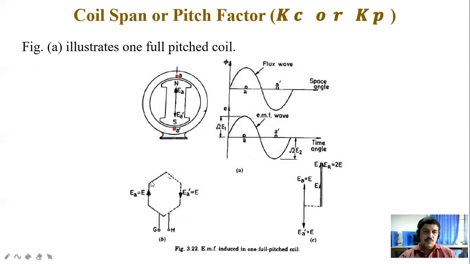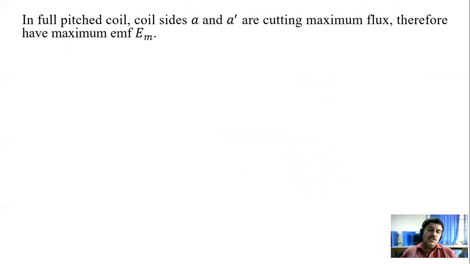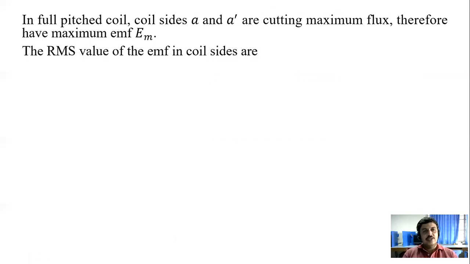As these two coil sides are connected in series, the resultant EMF appearing across the terminals G H is equal to EA plus EA dash, which is equal to twice E. So we have to derive this resultant EMF for a full pitch coil. In a full pitch coil, coil sides A and A dash are cutting maximum flux, therefore maximum EMF EM is induced in both coil sides.